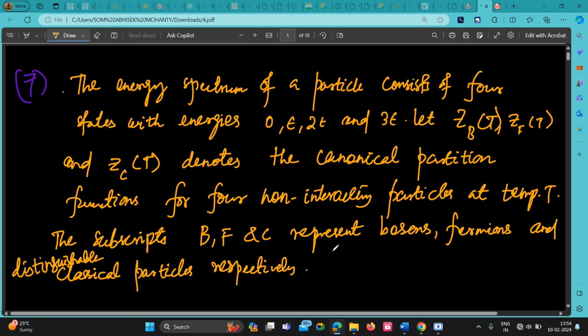Let y be equal to exponential of minus epsilon naught by kBT.